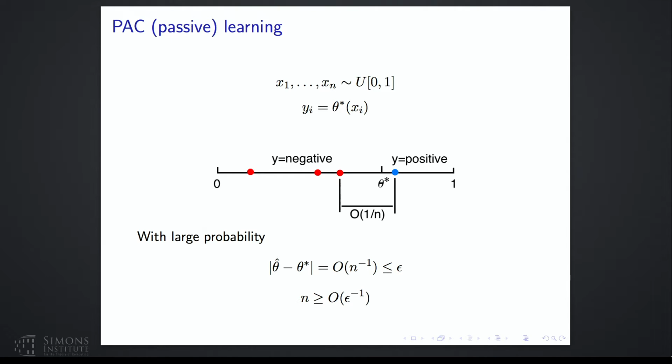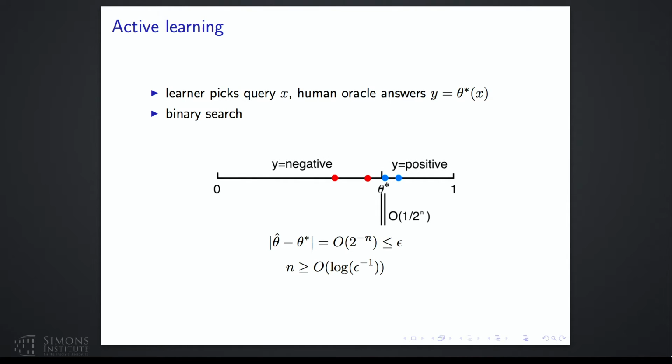Now, most people here would say, well, we can do much better if we do active learning, and that is true. In active learning, the standard setup is the learner gets to pick X and query a human oracle for the label. Again, it's noiseless. For this particular task, active learning is actually binary search, where the learner would simply query the midpoint of the range first.